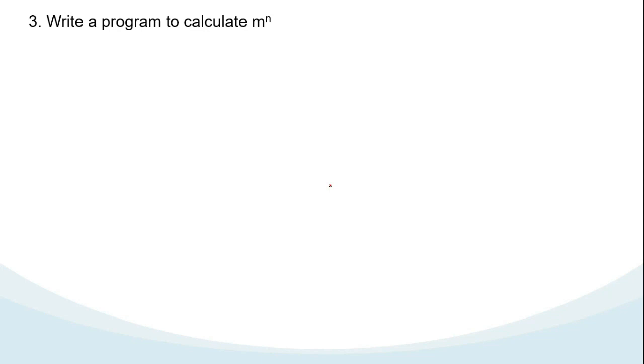Now let's see our third example. You are asked to write a program to calculate m to the power of n. As I mentioned earlier, when our case is not that simple anymore, it's a good idea to find the pattern first before you write the pseudocode or the program. So here, we assume that our number is 2 to the power of 3.